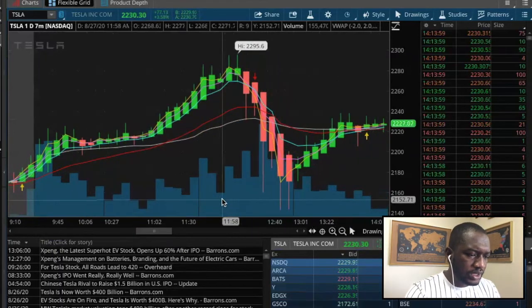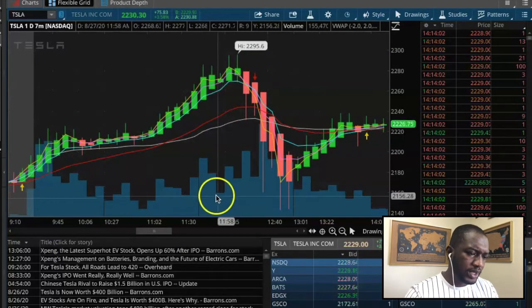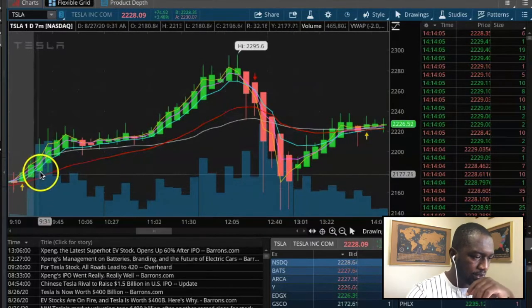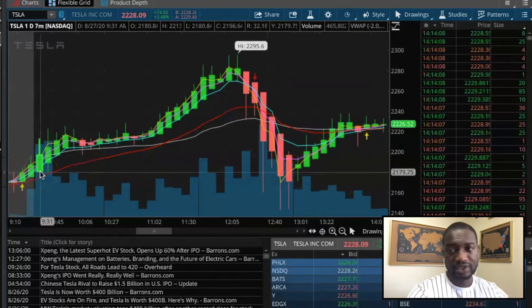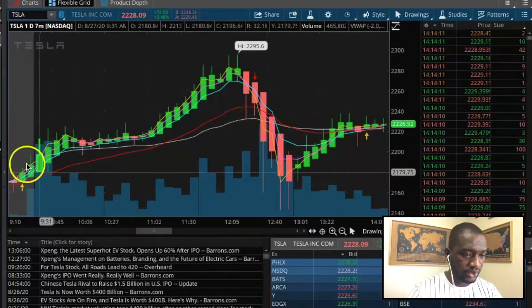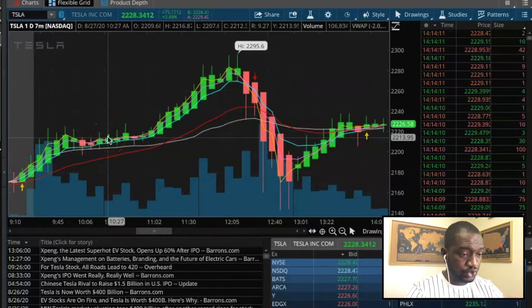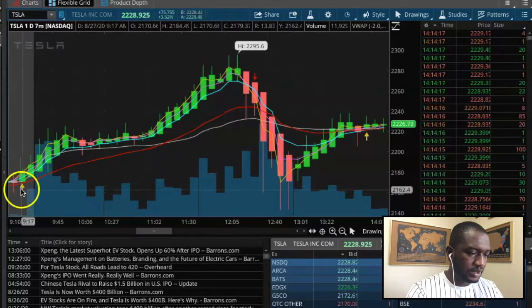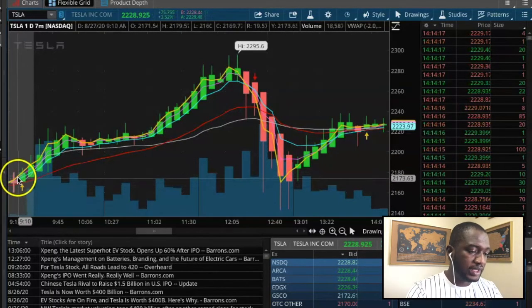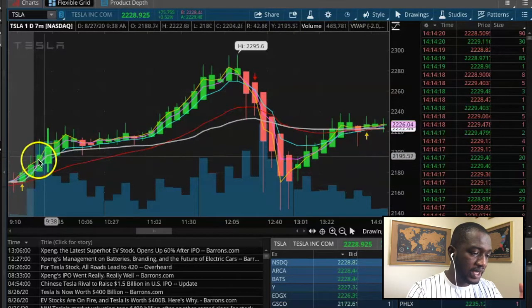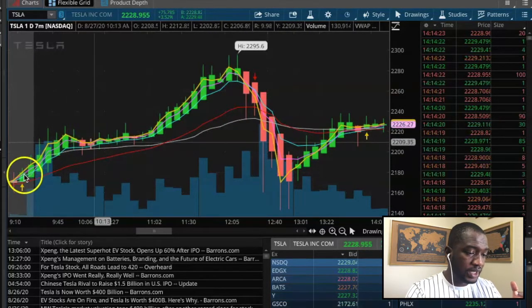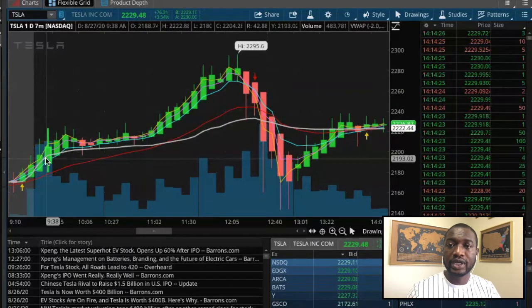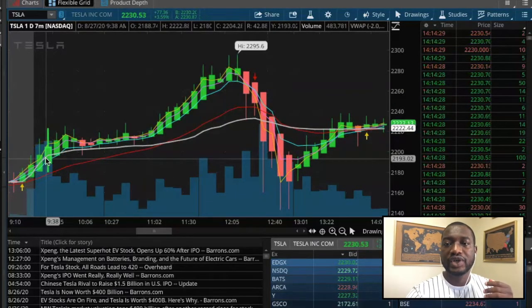What happened was, in the morning when the market opened, Tesla signaled. This chart that I use is a customized chart. I came up with all this using these particular tools together. When it signaled here, I was watching it during the morning hours, but I didn't take a trade, because usually when the market opens, I try not to enter a trade in the morning.